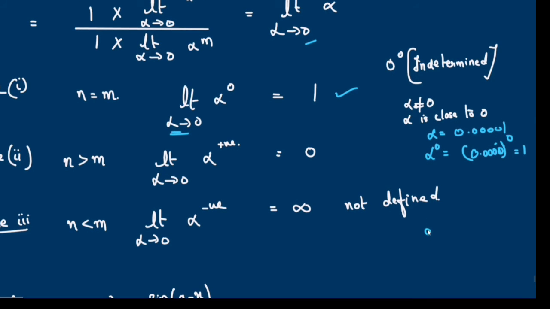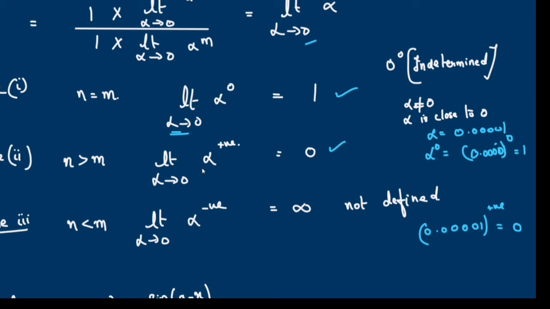Alpha is 0.000001 to the power some positive number. This is approximately 0. So 0 power anything, 0 power 1, whatever it is, you get the answer as 0. This is close to 0. So approximately 0. 0.000001 to the power any number, it can be 5, anything, that will give you the answer 0. So if n is greater than m, the answer is 0.